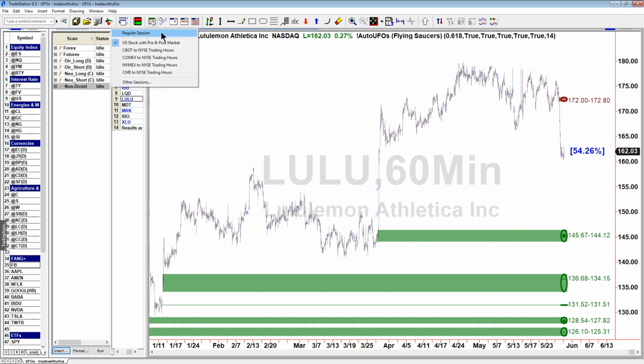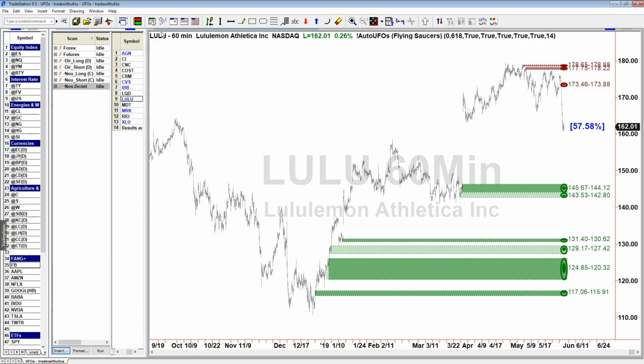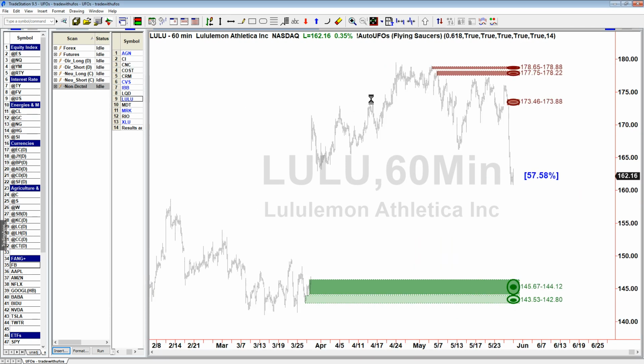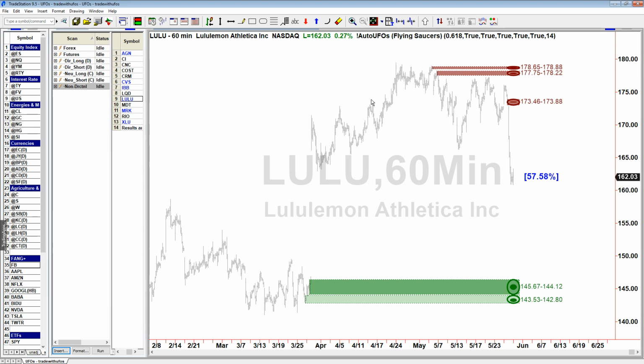If I was to look at the regular session, it would be 57, which means the UFOs during regular session hours are more powerful for Lulu. And again, we have those green UFOs all the way to 145. If we were to plan on this trade, certainly we need to be working with this particular setup.